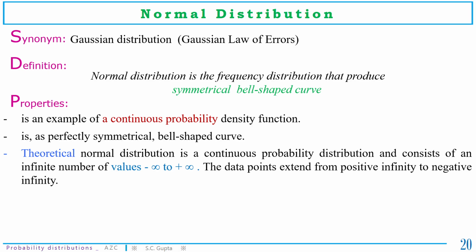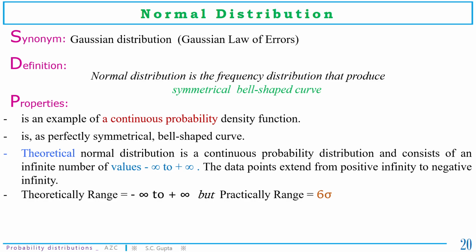The data points extend from positive infinity to negative infinity. Theoretically it ranges from minus infinity to plus infinity, but practically it ranges 6 sigma, the mean scattered by 6 standard deviations.